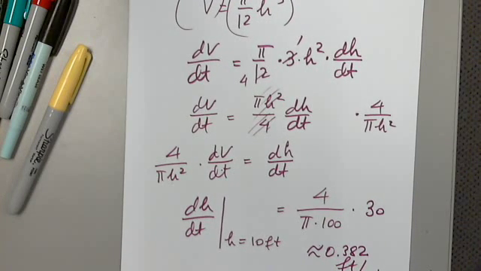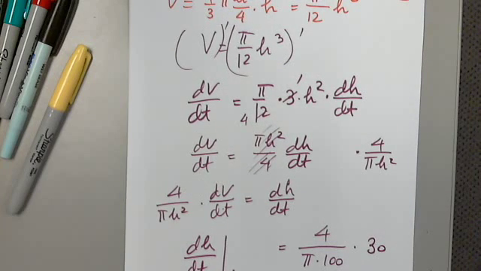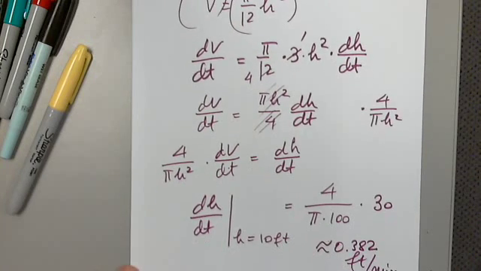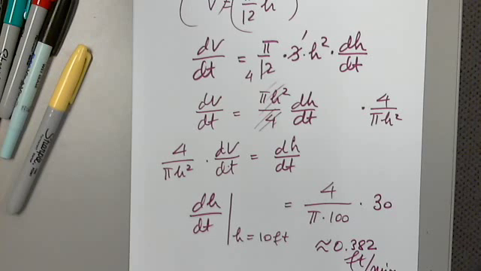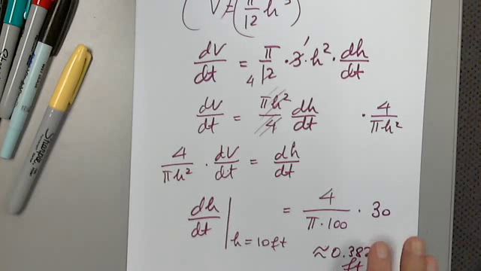Indeed, feet per minute. Any questions? This problem had two related rates, volume and height. Where did you get 30 from? This was given in the problem.